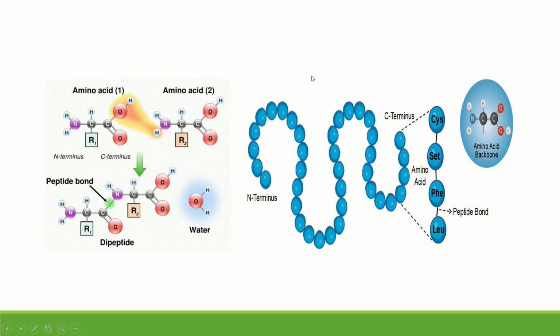And this is the structure of amino acid. So, one end consists of COOH group, which is C terminus, and another end consists of NH2 group, which is N terminus. When carboxyl group of one amino acid binds with NH2 group of another amino acid, water molecule is going to be eliminated from the carboxyl group OH, and from the NH2 group H is going to be removed as water molecule.